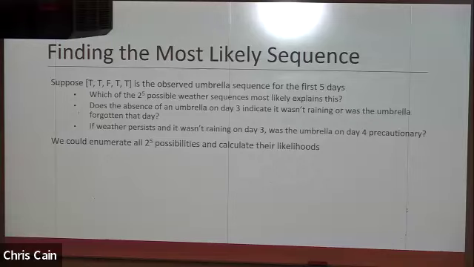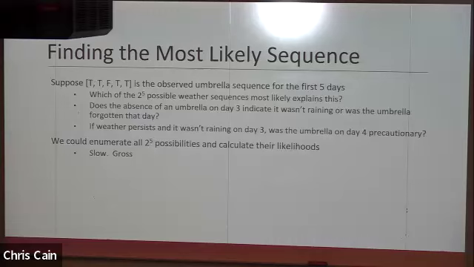That seems silly if we just care about the most likely explanation for this sequence of events. If we enumerate every possibility and just take the maximum of all 2 to the 5th, what happens if instead of a history of 5, we have a history of size 1000? Then we would have 2 to the 1000 possibilities to directly calculate, and that is never going to finish.